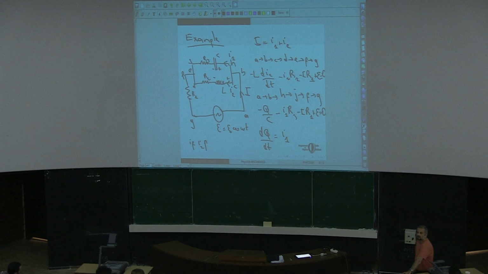Now we can look at certain limiting cases. For example, what happens when omega is very large? Well, when omega is very large, we know that the inductor would prevent any current from passing through it.